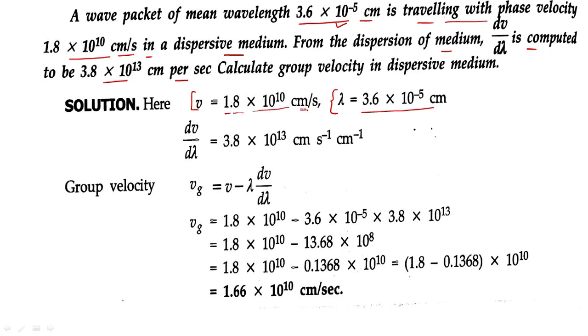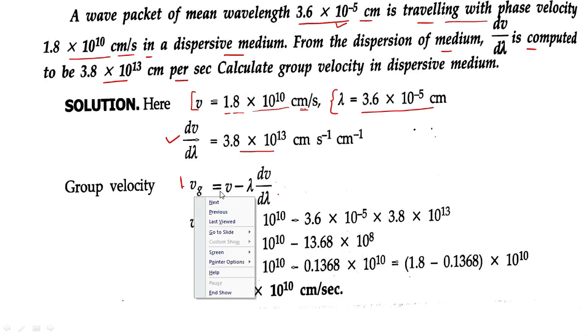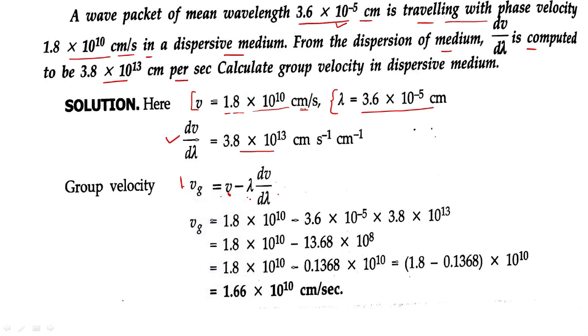For the dispersive medium, dv by d lambda is given. There is a simple formula: group velocity Vg equals v minus lambda dv by d lambda, where Vg is the group velocity, v is the phase velocity, lambda is the wavelength, and dv by d lambda is the rate of change of velocity with respect to lambda.